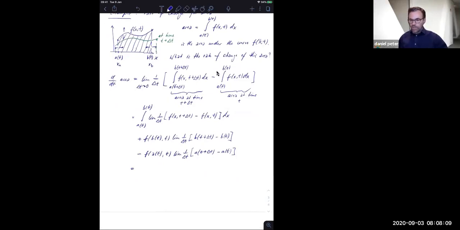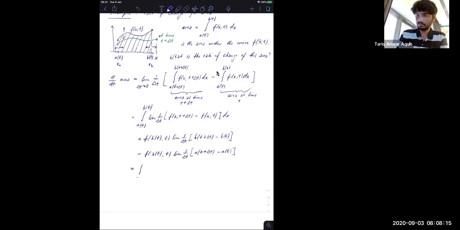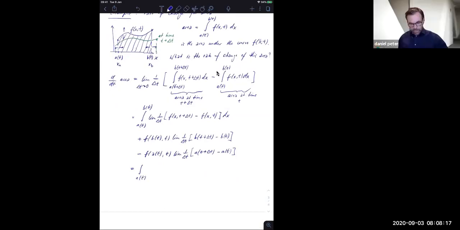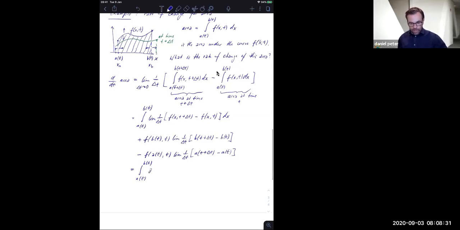Now these expressions we can put a bit together and rewrite basically this part. So the first integral, now instead of writing the limit, we can just take the derivative, and I use a notation like this for the partial derivative with respect to time.